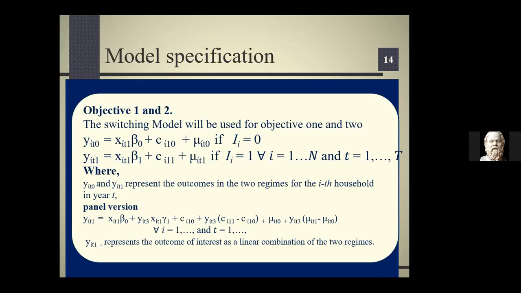So think about these kinds of things, and since you have secondary data collected by UBOS, which is countrywide, they also do indicate some kind of regions and districts.